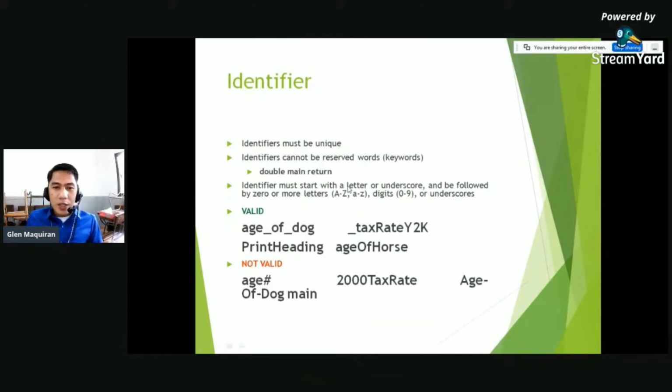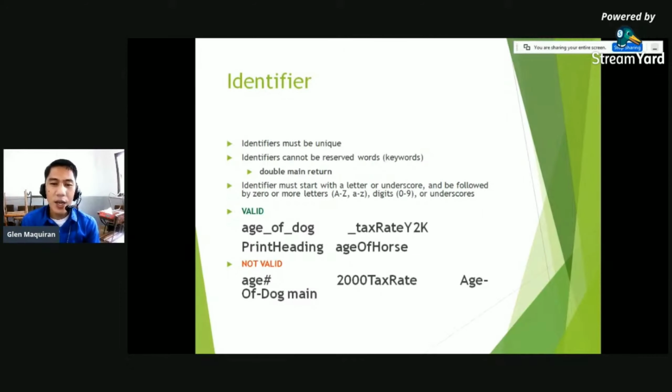Okay, next po tayo, identifier must be unique. As I mentioned a while ago, an identifier cannot be a reserved word or keyword. Na-mention ko po yun kanina. Double, main, return. An identifier must start with a letter or underscore and can be followed by zero or more letters, A to Z big letter or small letter a to small letter z.